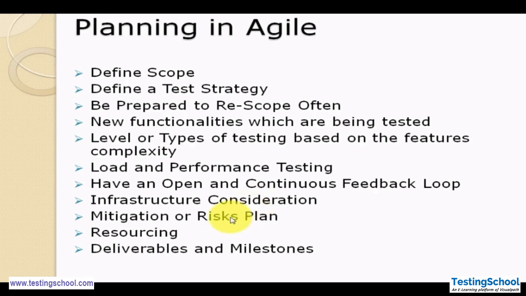Then mitigation and risk plan. In a mitigation and risk plan we see what happens if any issue occurs, like a network failure, or any person resigning from the project, and how we will complete our project. So how we will mitigate these situations.